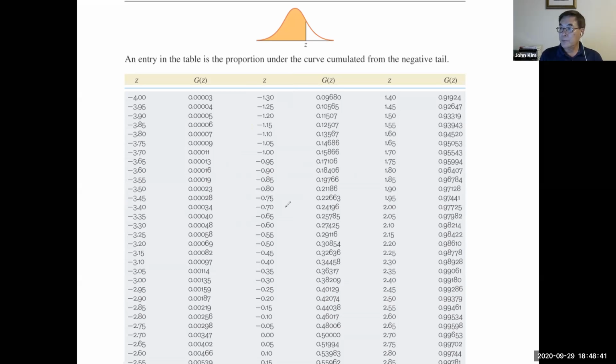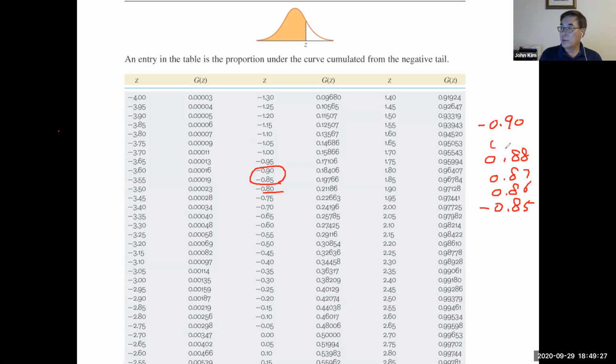We cannot find negative 0.87 exactly, but it's between 0.85 and 0.90, with 0.86, 0.87, 0.88, 0.89 in between.